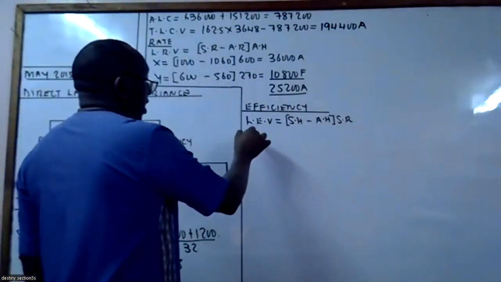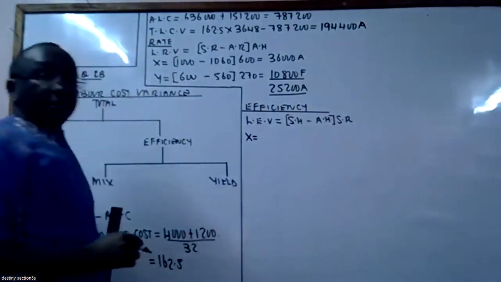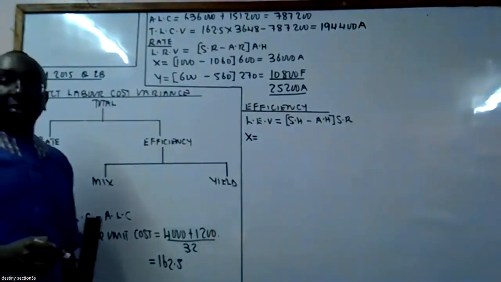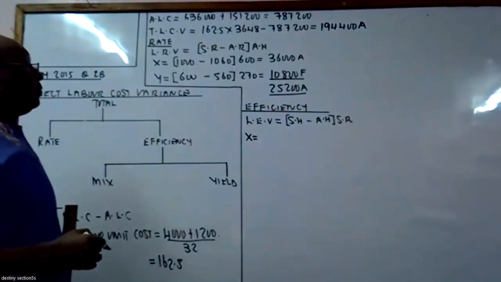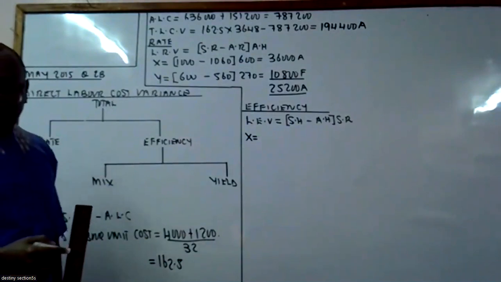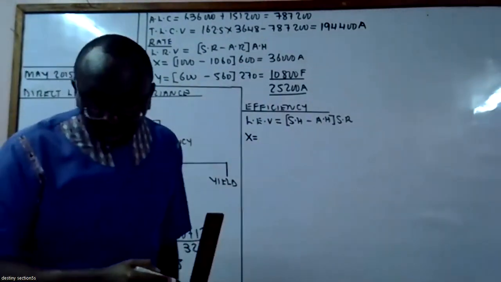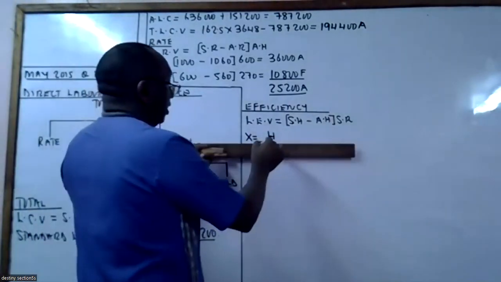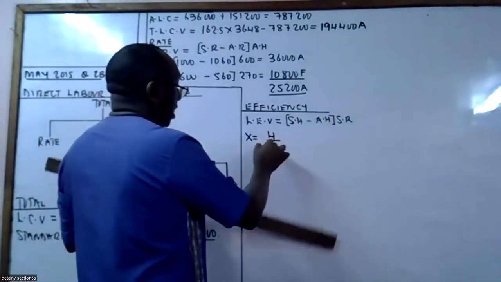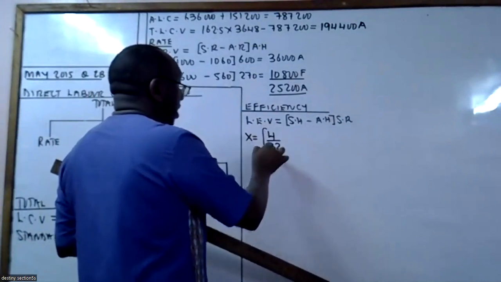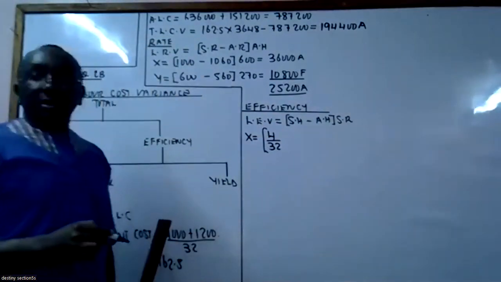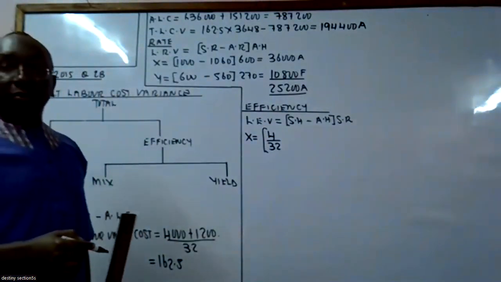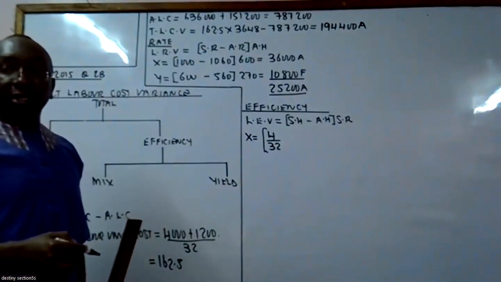Starting with Department X, looking up there, we thought we could use 4 hours. And these 4 hours were supposed to be enough to make that 2 units.